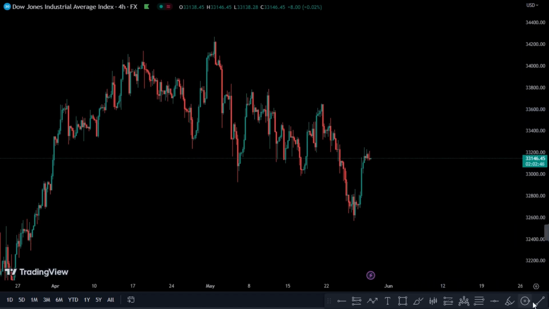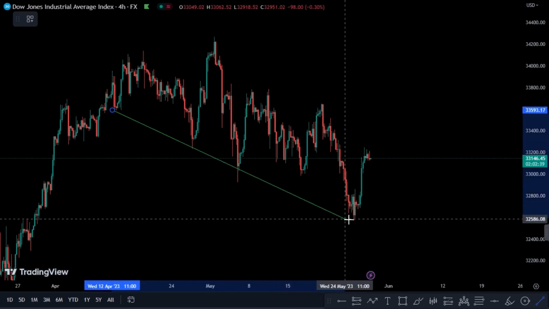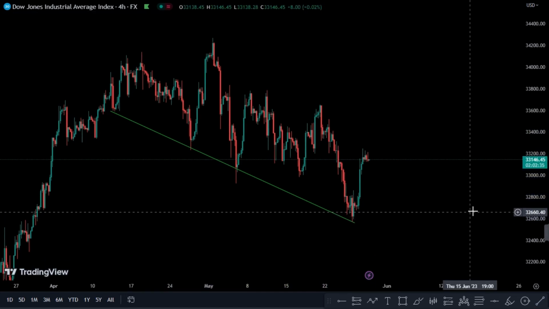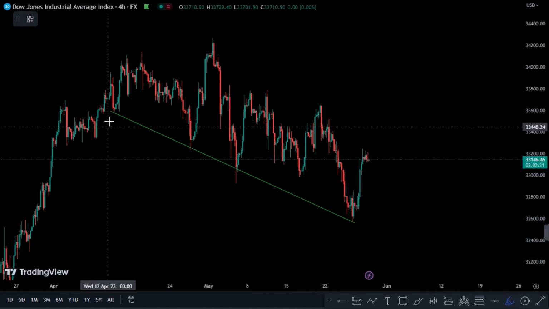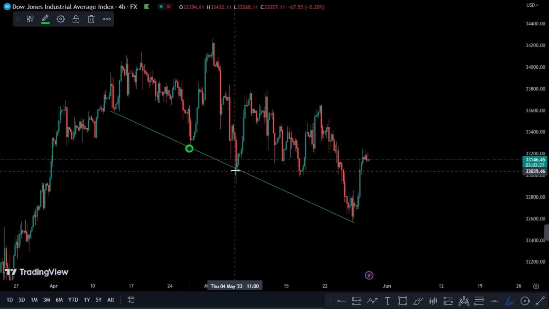Okay, so we can see this trend line right here. You can see this trend line that was formed. Okay, we can even use that area.